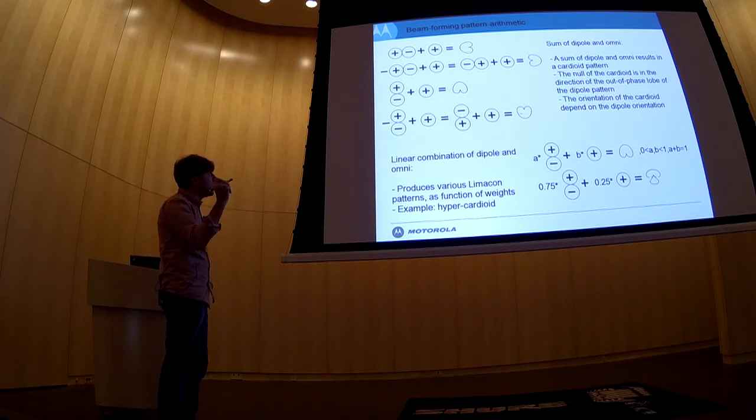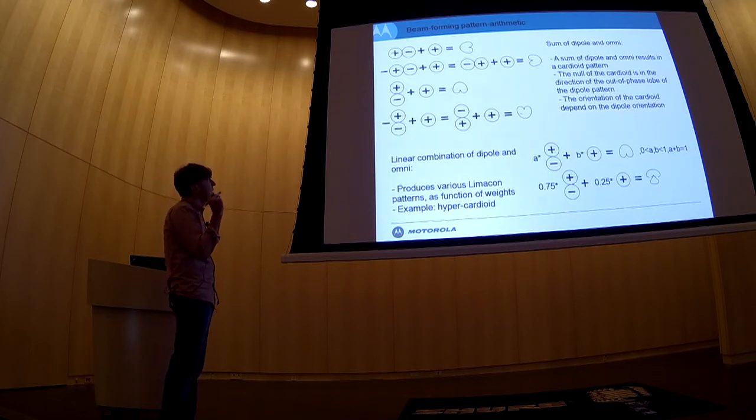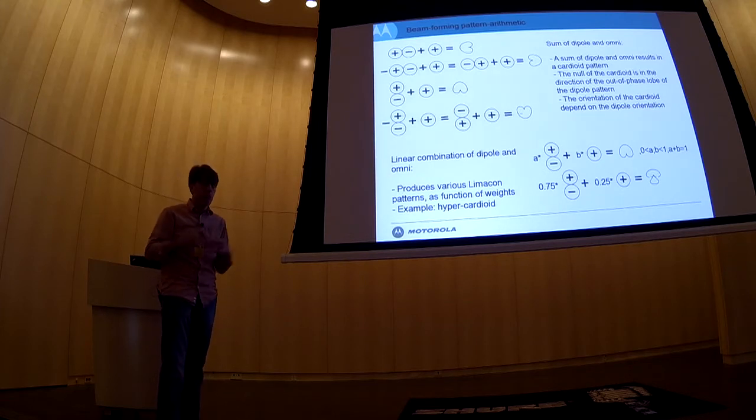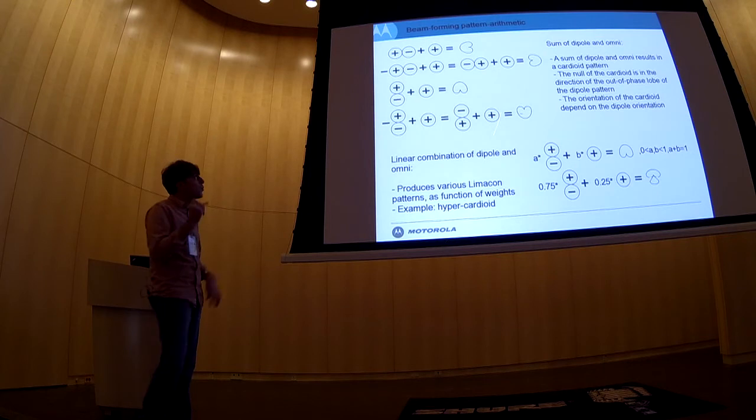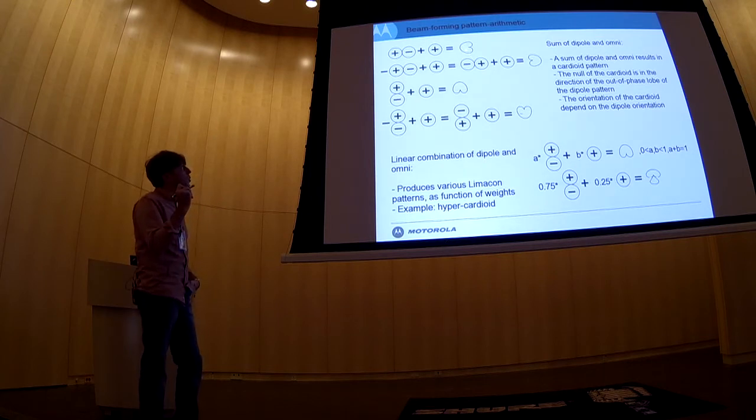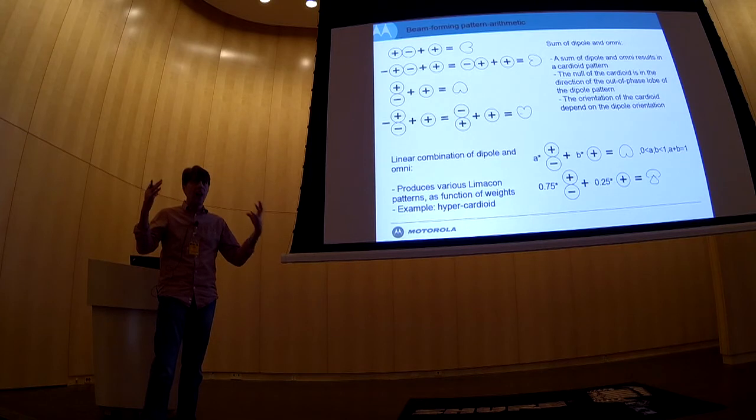But here we notice something else. If we had a dipole signal and an omni signal, and we magically, out of two different components, sum them, we'll be able to produce a cardioid signal with a null steered at some direction. Which direction would that be? Well, the dipole will have two lobes that are out of phase.